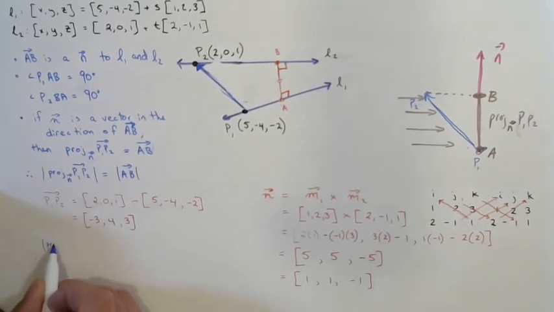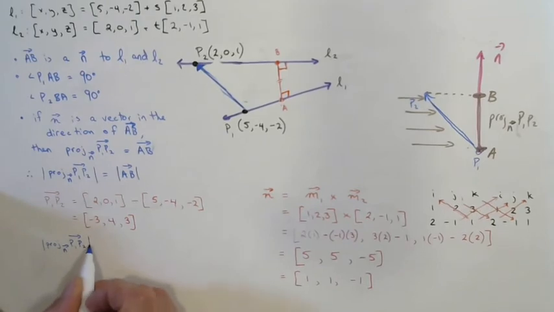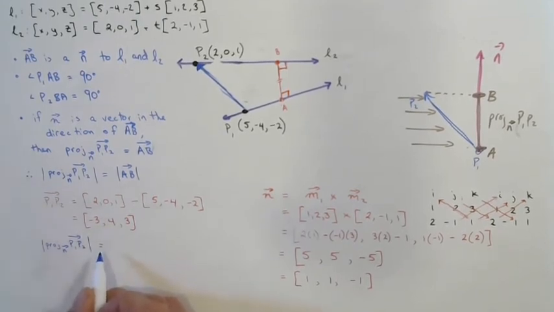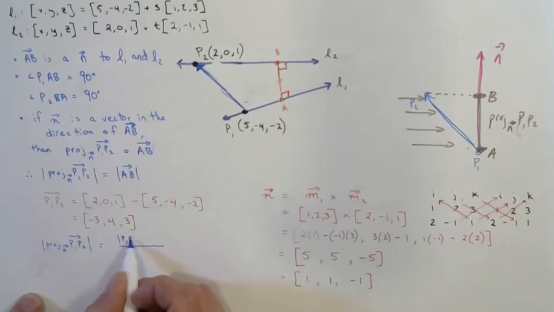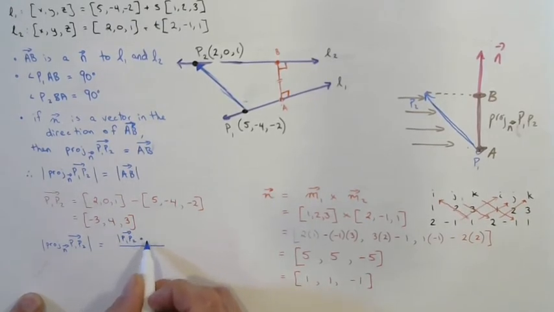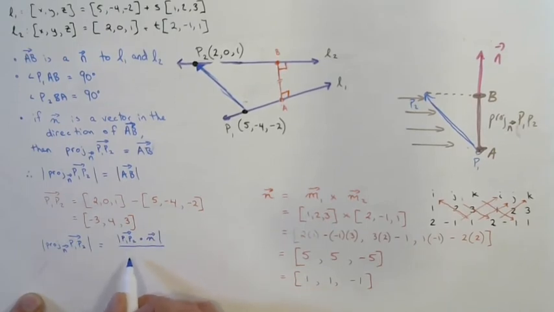We know that the magnitude of the projection of P1, P2 onto the normal is equal to the magnitude of P1, P2 dot n, the dot product, over the magnitude of n. So that's why we needed all this information about n. We got the simplest vector in the direction of AB, and now we're getting the projection of P1, P2 onto that vector using the formula from 7.3.